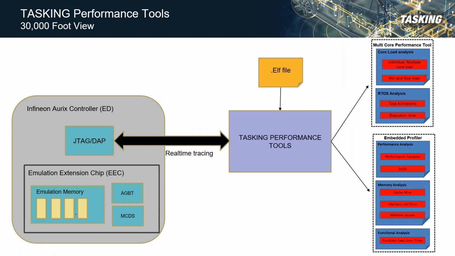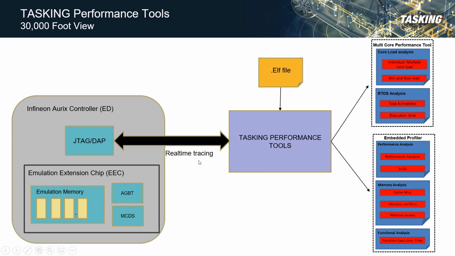So for example, an emulation device can have upwards of 1 meg to 2 meg of emulation memory. Whereas if you're looking at a production device like a TC27, you can have a buffer size of 6 to 8K.